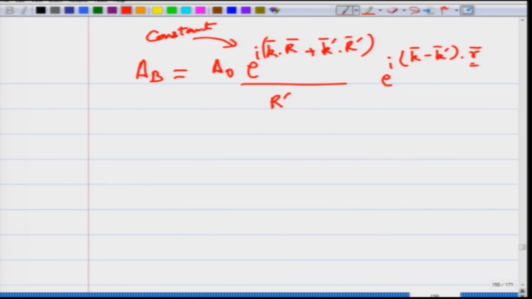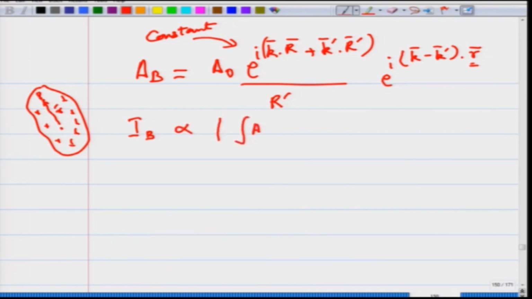You have different points which are located on the crystal. This is r which is locating the point P, but if I want to find out intensity because of all different points on the crystal, this is my variable r. So, my intensity at point B because of scattering from all such points like P is proportional to AB, which is a function of r, d cube r integrated over the volume of the crystal, okay.